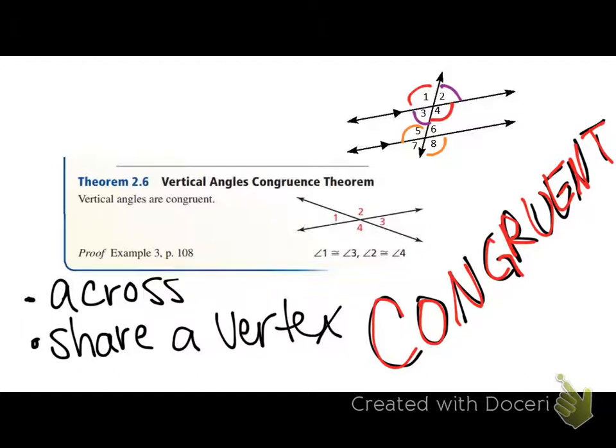And then the last, 6 is vertical with 7. Good. So now we're going to learn the new ones. Those were not new. Those were, we've learned them before. Sorry, I didn't highlight 6 and 7.